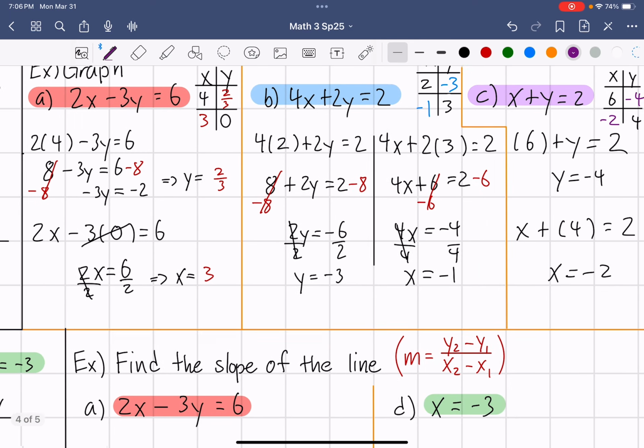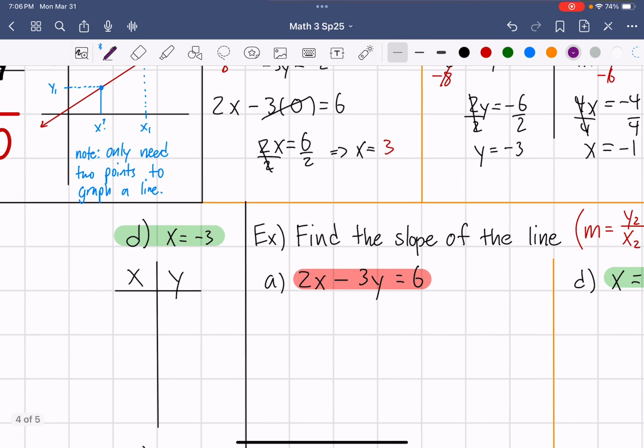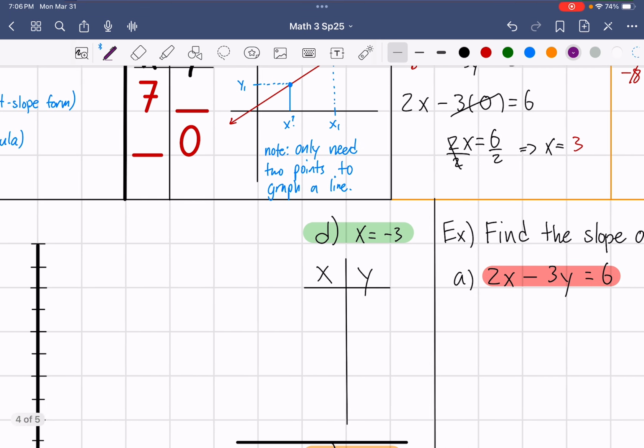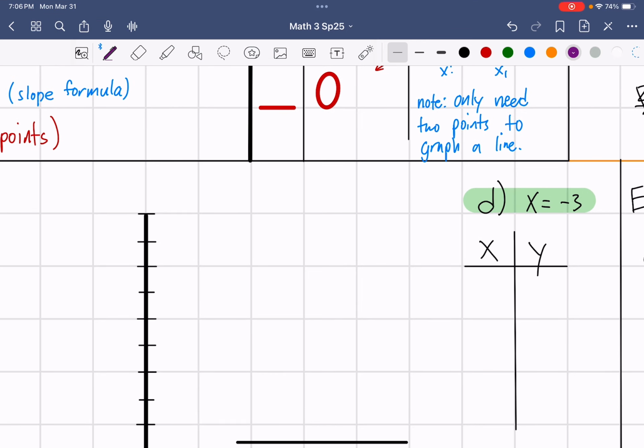Now what happens when you have an equation that has only one variable attached? Well, this is saying that x is equal to -3. Now I have no y value, but it does tell me what my x needs to be. The moment I try choosing 4, that's going to make this a false statement.